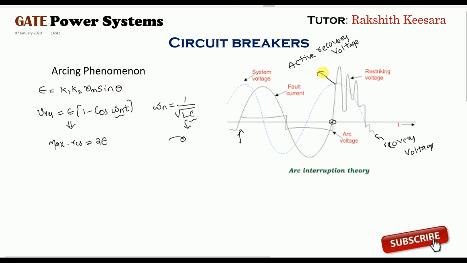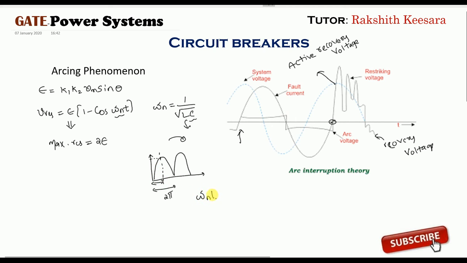This blue color line is E. This black color line is the restriking voltage. And if I draw the graph of restriking voltage, it will be like this. Students, you know this total period is 2 pi. So if in the question we ask what is the time taken to reach the maximum restriking voltage, this is the maximum restriking voltage and this is the time taken to reach it. What is this?